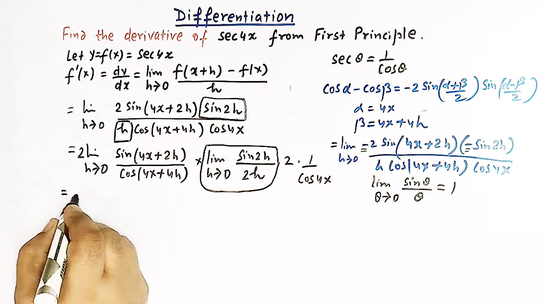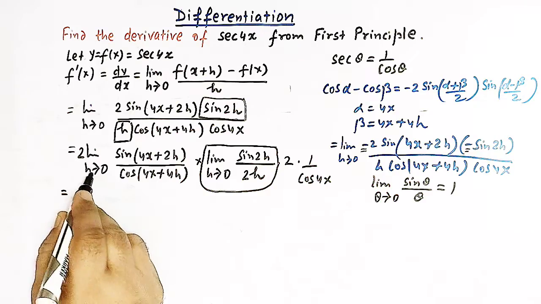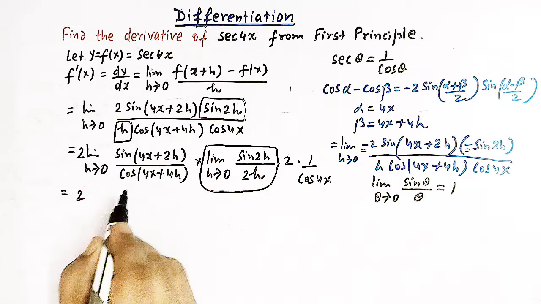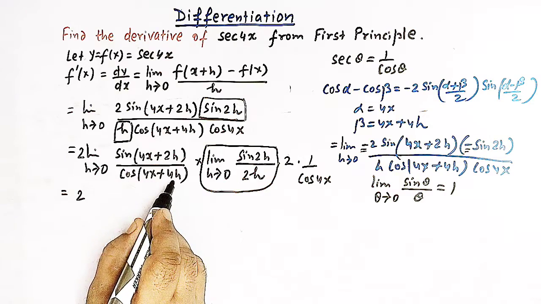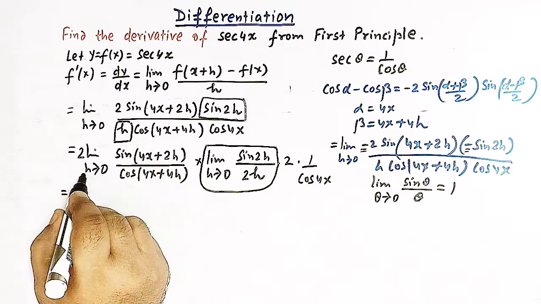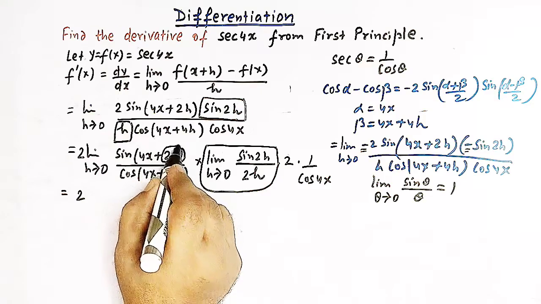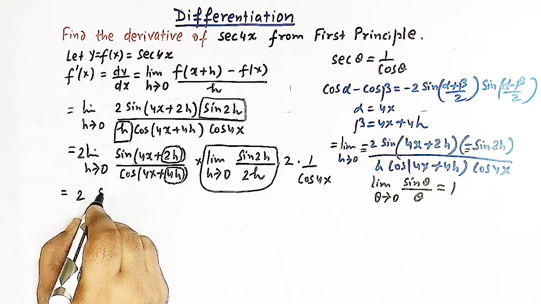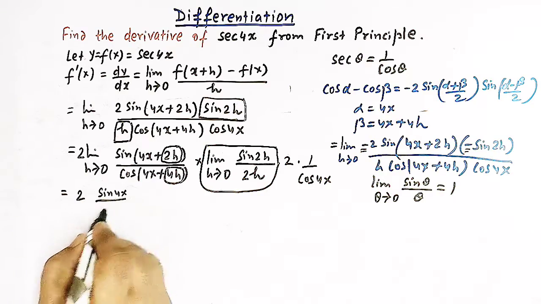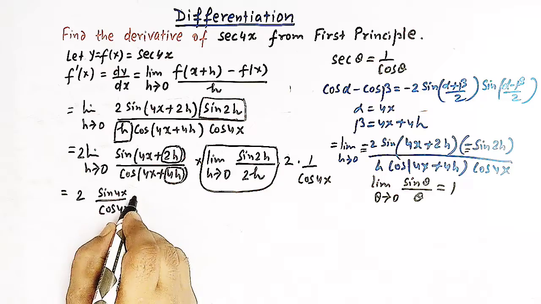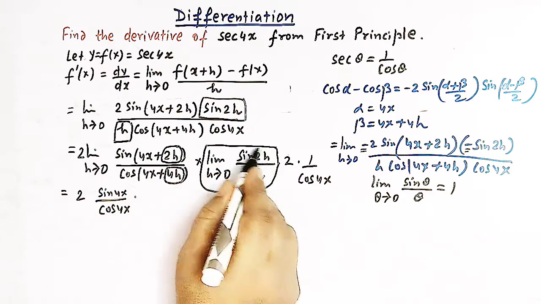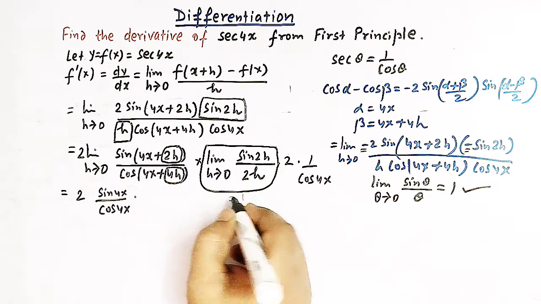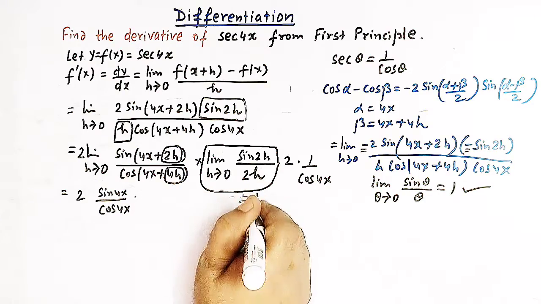So now we have 2, and limit h tends to 0 of sine 4x plus 2h over cosine 4x plus 4h. When h tends to 0, this term becomes 0, and this term also becomes 0. So we are left with sine 4x over cosine 4x, and the value of this limit due to this result is equal to 1.